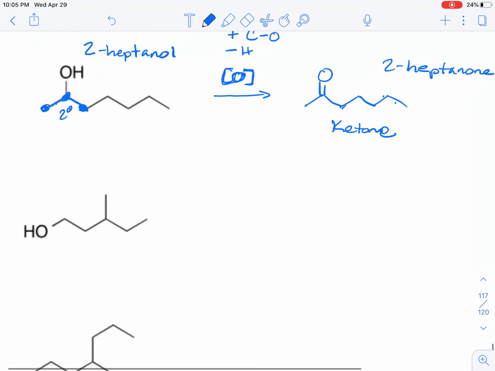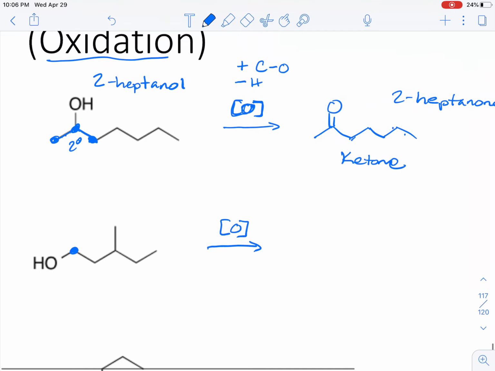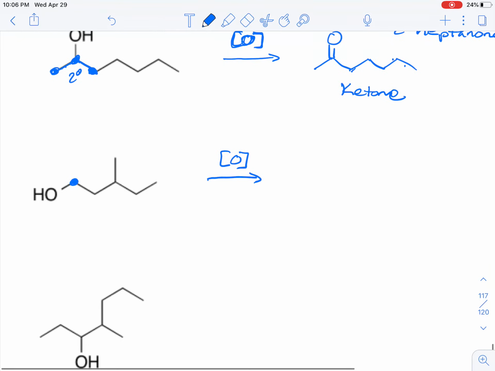All right. Let's go through another example. Once again, we're going to communicate to the reader that an oxidation reaction is going to occur. And for us to identify the product, we have to think about whether this is a primary, secondary, or tertiary alcohol. Let's look at our carbons.